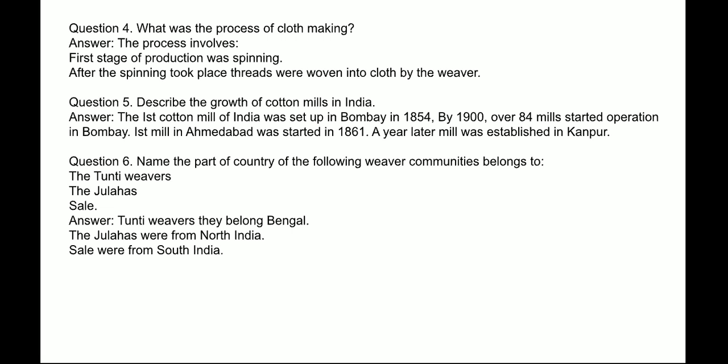A year later, mill was established in Kanpur. Next question. Name the part of country the following weavers communities belong to. The Tanti weavers, the Julahas, Sale. Answer. Tanti weavers, they belong from Bengal. The Julahas were from North India. Sale were from South India.